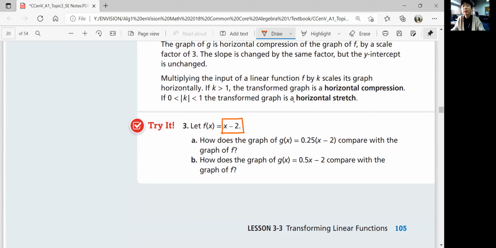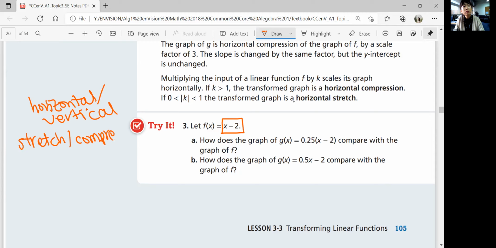You have to be specific about horizontal or vertical. Is it a horizontal stretch or a horizontal compression? And the vertical, is it a vertical stretch or a vertical compression? So use the words horizontal or vertical, and is it a stretch or is it compression?